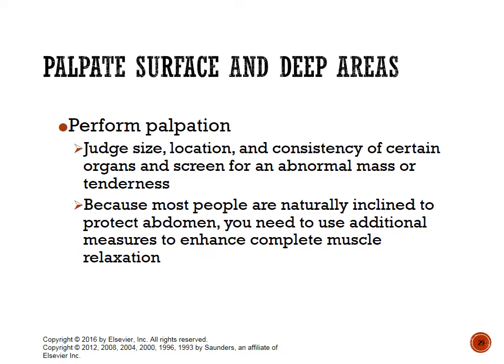But we do palpate. We usually palpate the surface, and a lot of times this is going to tell us what's eliciting pain. But there are some other things that we can use palpation for. We can look at the size, location, consistency of organs, really looking for abnormal masses, but typically the pain and the tenderness is what we're looking for.